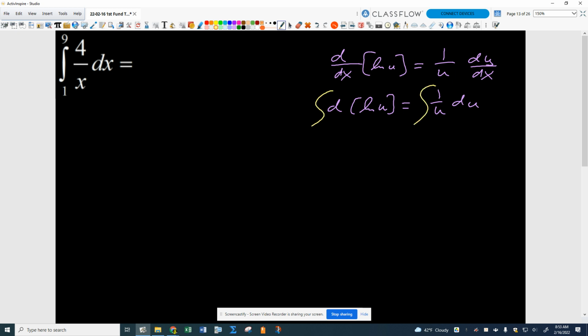We're going to take the antiderivative of both sides, and an antiderivative is going to cancel the derivative to within a constant, right? If we undo a derivative, we know that it cancels this, but the derivative of a constant goes to 0. So we know that we're going to have to add a plus c there.